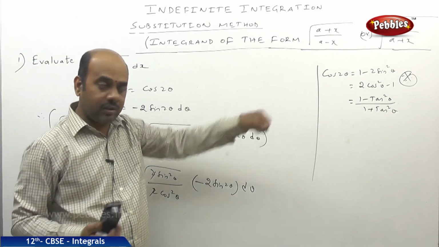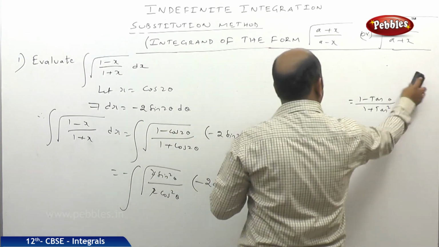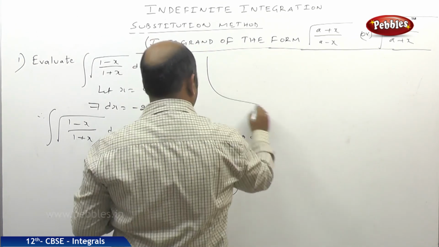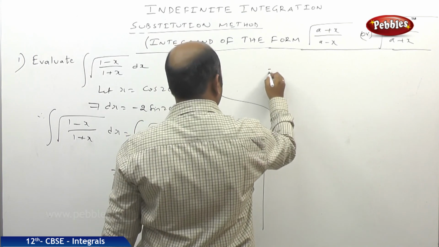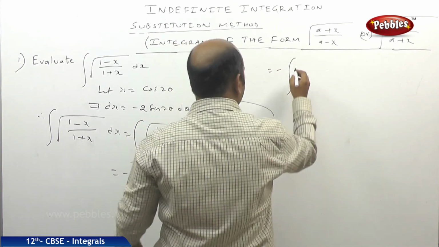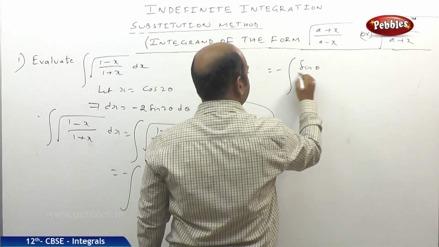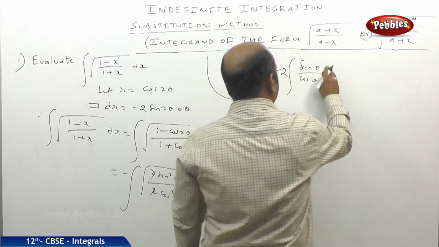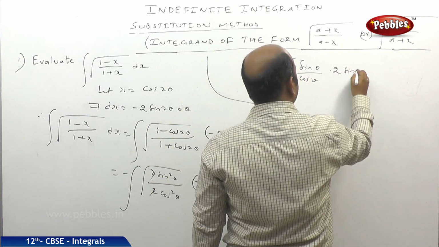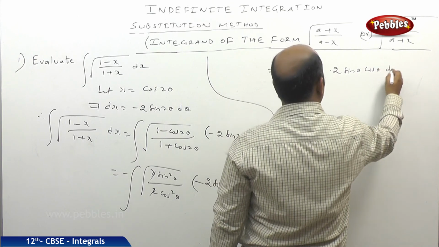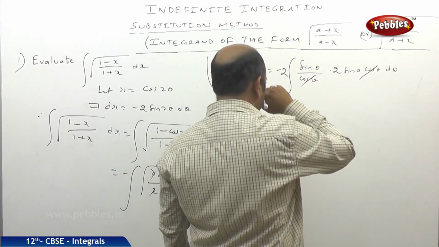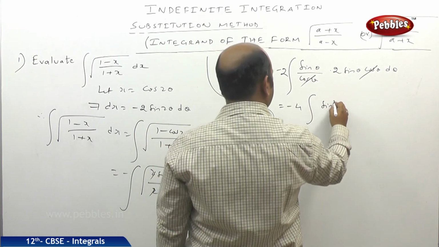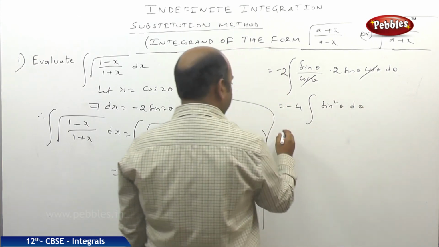I think now I can erase those formulas. So what happens? That is equal to minus, root going, there remains sin theta by cos theta, and 2 also will come outside, and sin 2 theta I will write as 2 sin theta cos theta d theta. I think cos theta will get cancelled. There remains minus 4 sin square theta d theta.